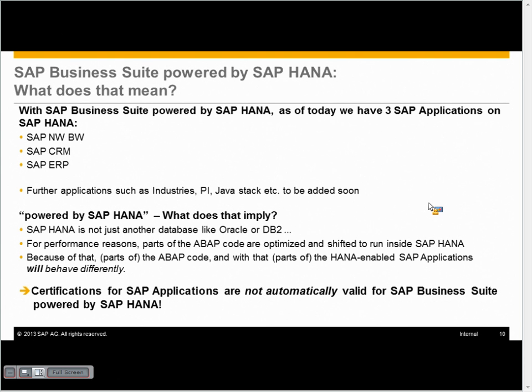Because of that, parts of the ABAP code, and with that also parts of the HANA-enabled SAP applications, will behave differently compared to the applications not running on HANA. As a consequence, certifications for SAP applications are not automatically valid for the applications running on SAP HANA.